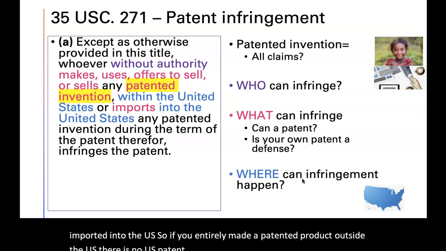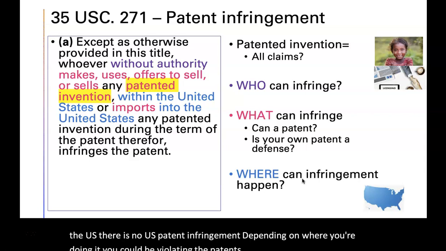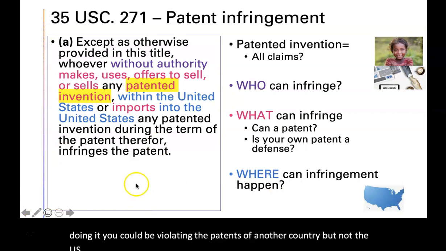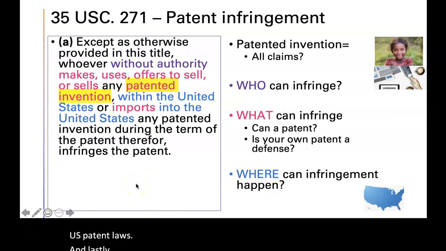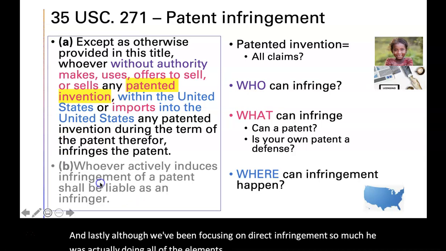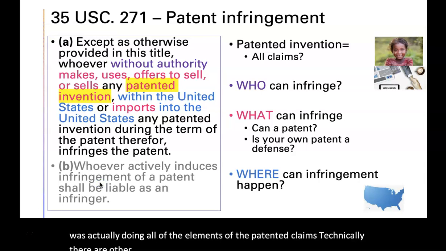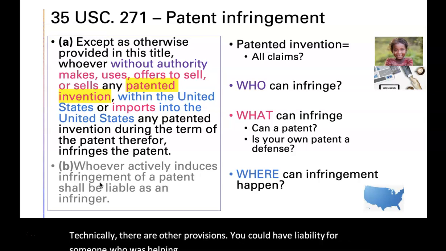Depending on where you're doing it, you could be violating the patent of another country, but not the US patent laws. And lastly, although we've been focusing on direct infringement, someone who is actually doing all the elements of the patented claims, technically there are other provisions. You could have liability for someone who is helping with the direct infringer.